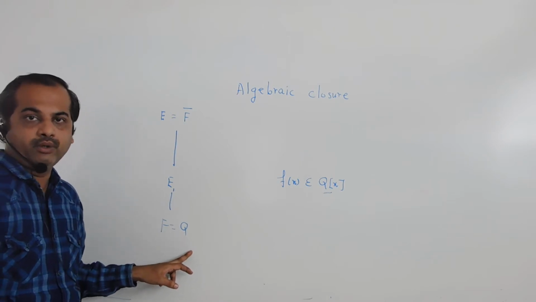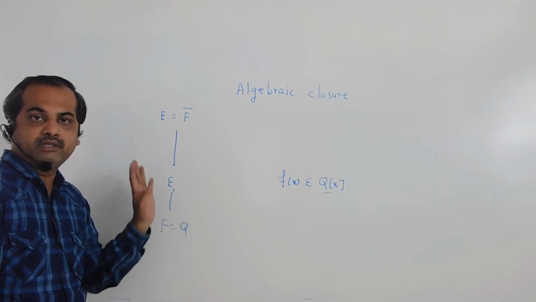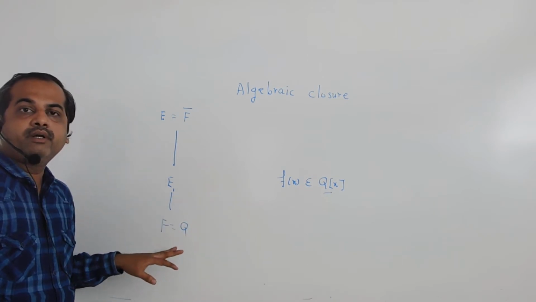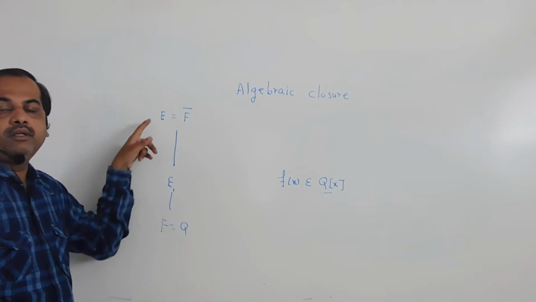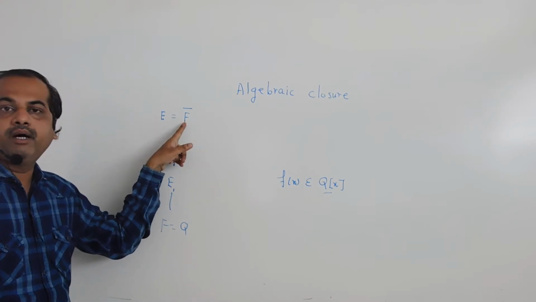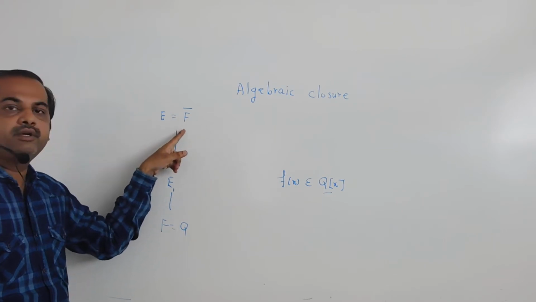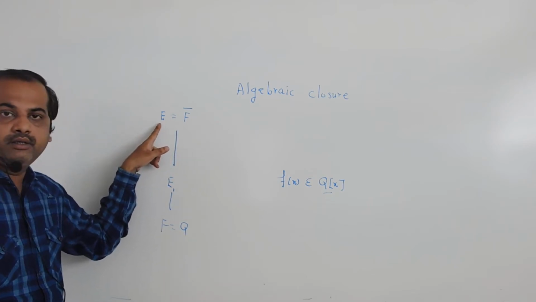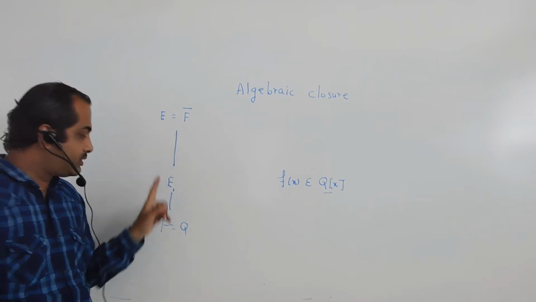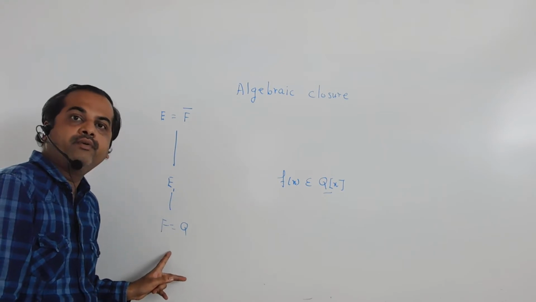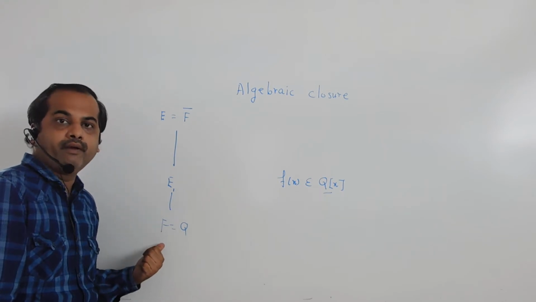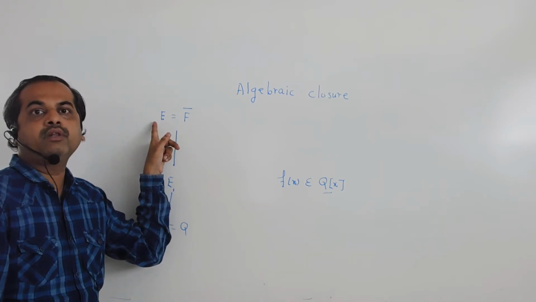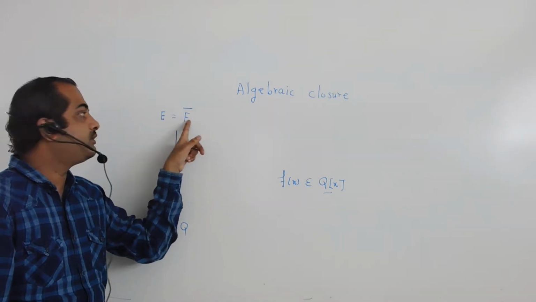For example, we are taking Q. What is the algebraic closure of Q? We will see by example calculations. But given a field F, a field E is said to be the algebraic closure of F if for any polynomial f of x over F, that polynomial completely splits into E. That is, all the roots lie in that E, denoted by F bar.